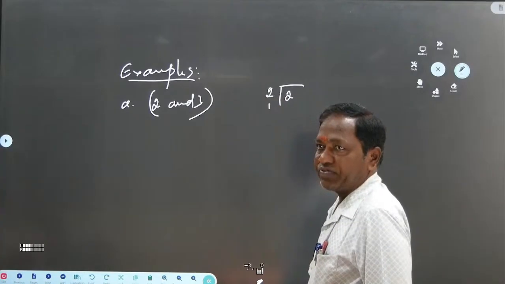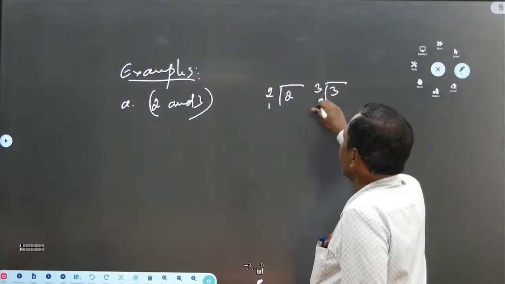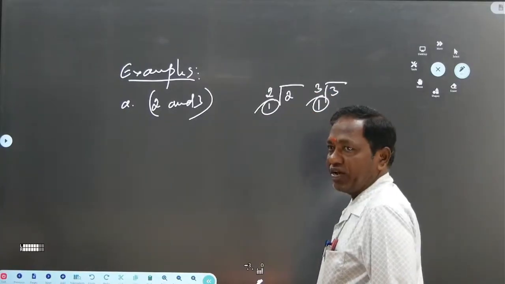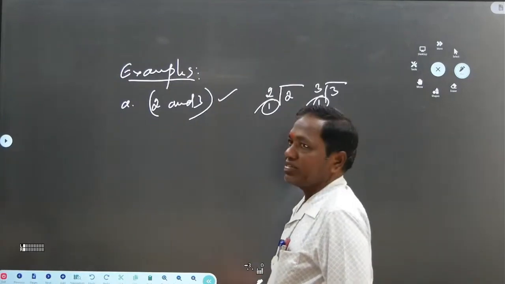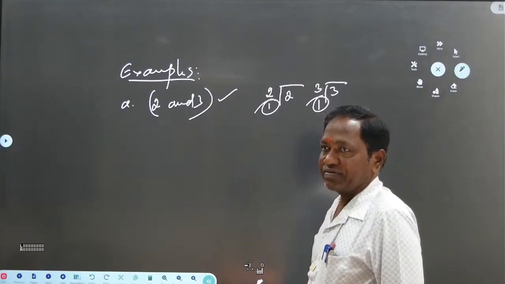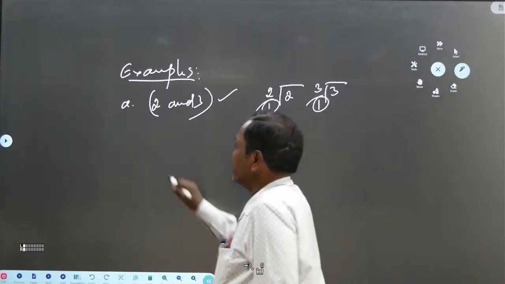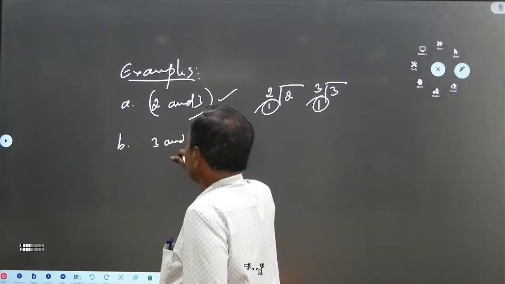There are 2 factors for 2. 3 can be divisible by itself and 1. What is the common factor? 1. So 1 only will divide both. This is a co-prime numbers.